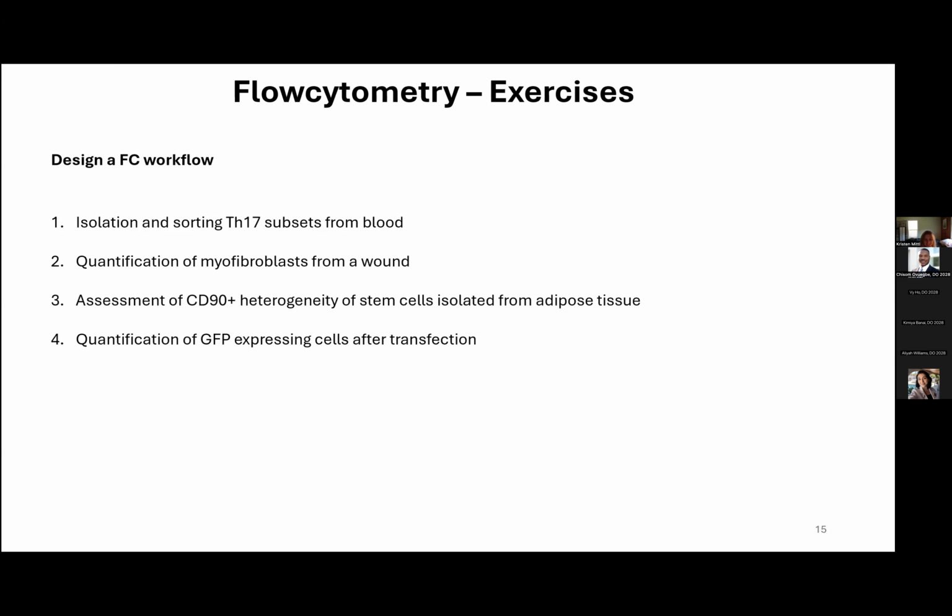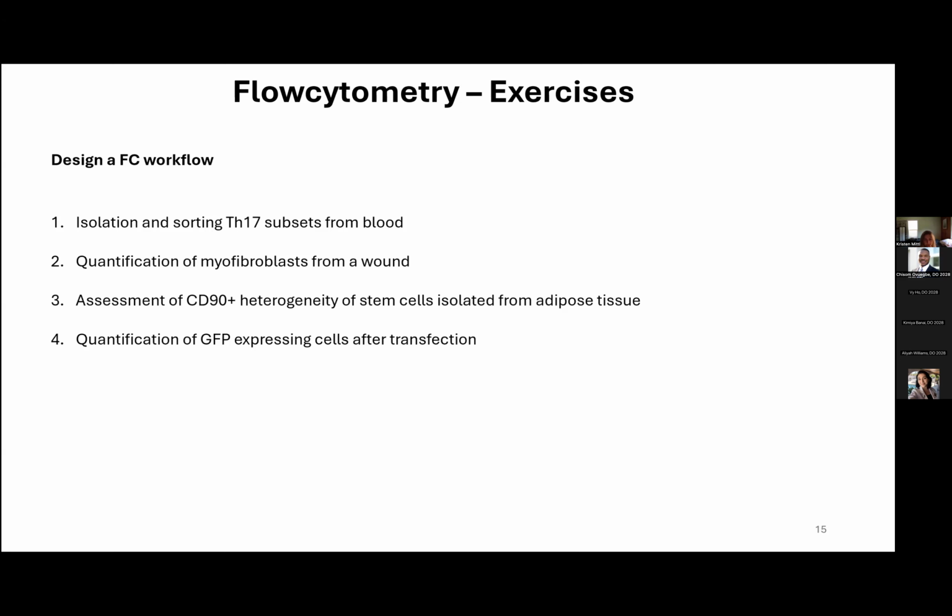So, if you wanted to quantify myofibroblasts from a wound, since these are muscle cells, I'm assuming in the extracellular matrix... Let me give you additional insights.